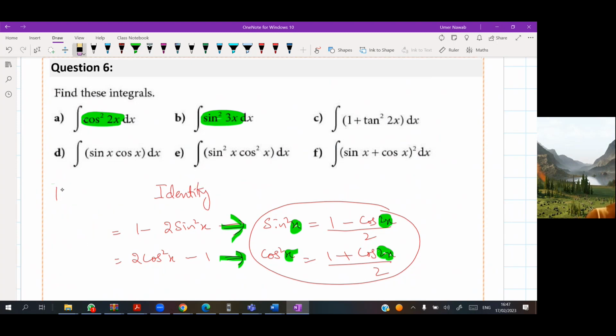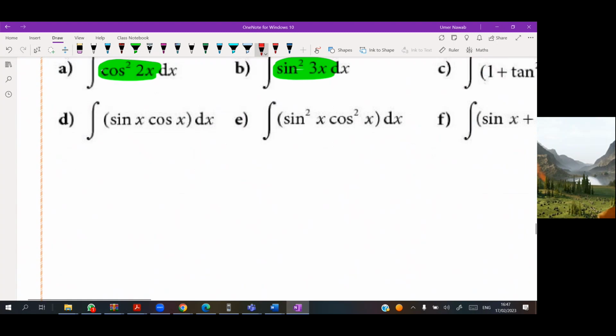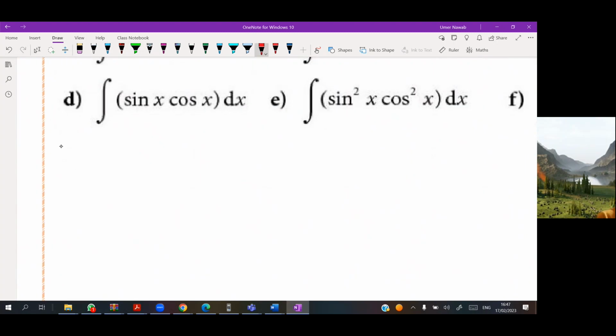Now allow me to erase this and then continue solving. I'll use these double angle identity results directly. Let's go with the A part. He said find the integration of cosine squared of 2x.